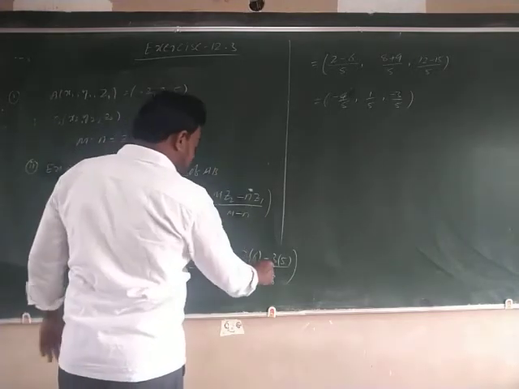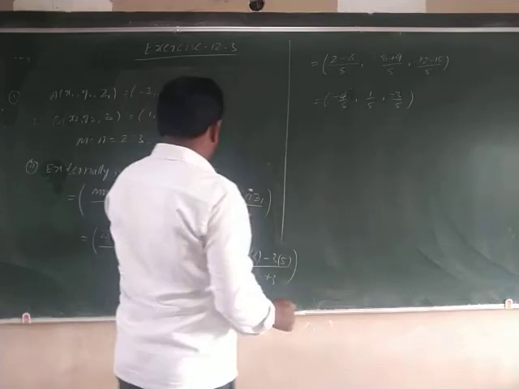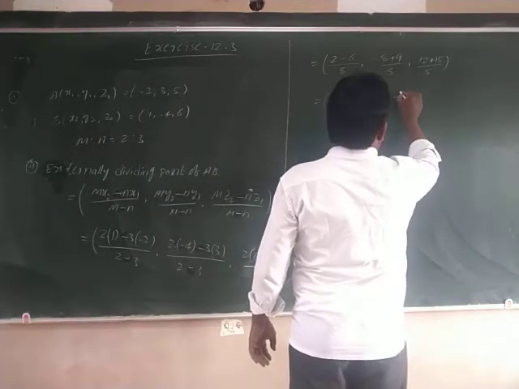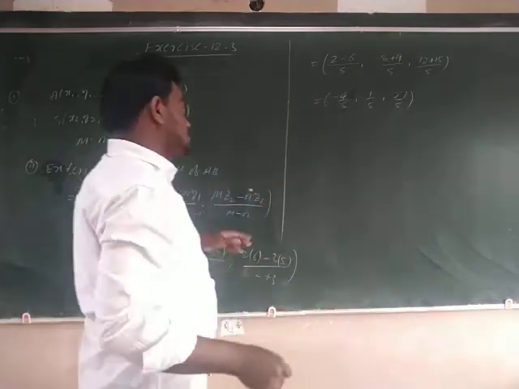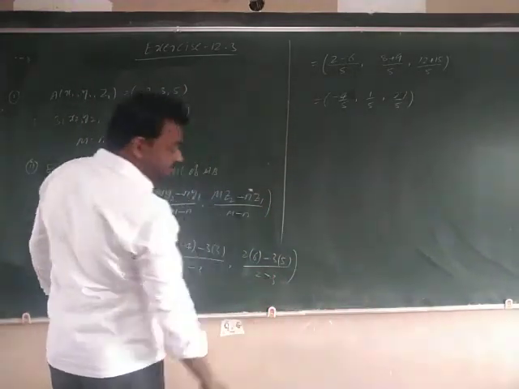Here n is 3; in the first case it was plus, here 12 plus 15 is 27 by 5, that is the first case answer. So here it is by 2 minus 3.